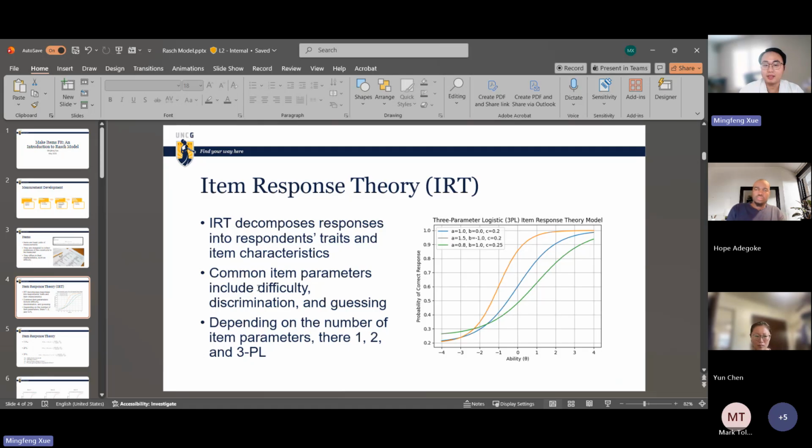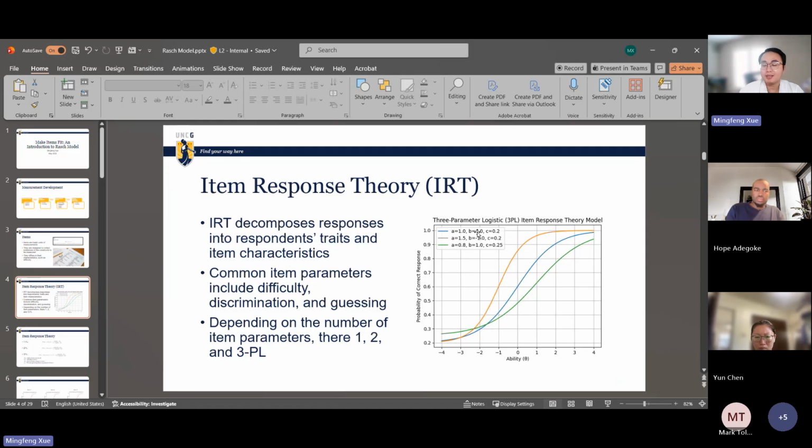in IRT analysis. And depending on the number of item parameters we have, there are 1, 2, 3 parameter IRT models. On the right-hand side, you can see a 3PL curve. We have A as the discrimination, describing the steepness of the curve.